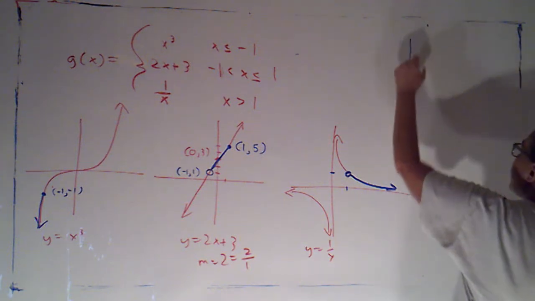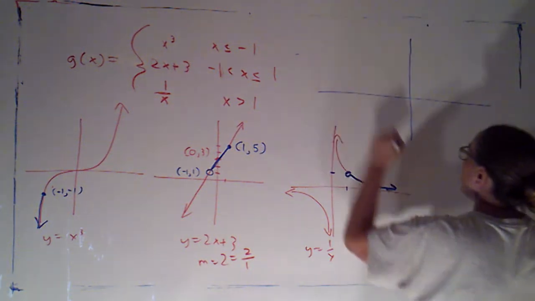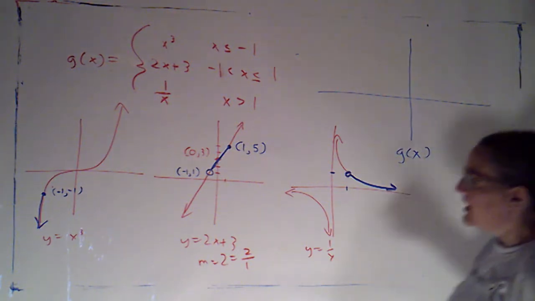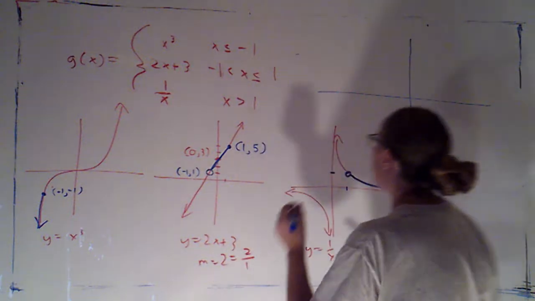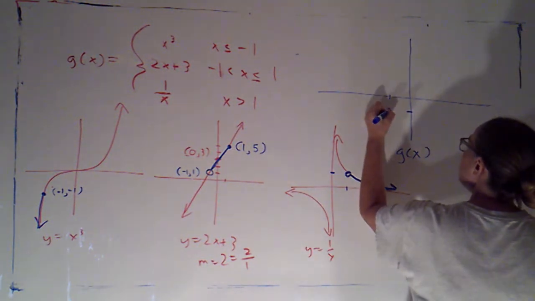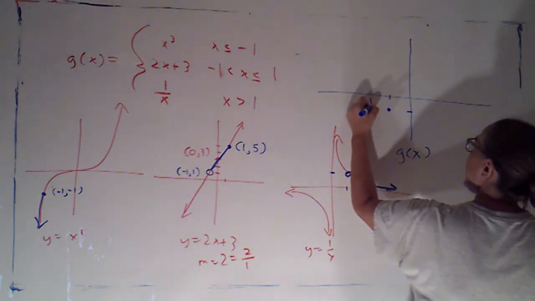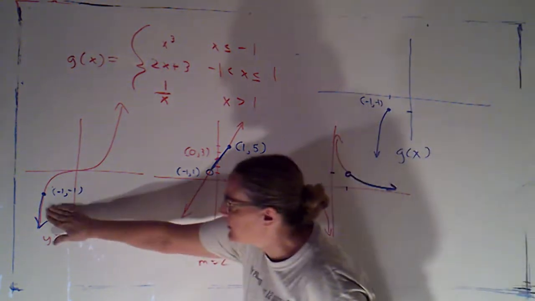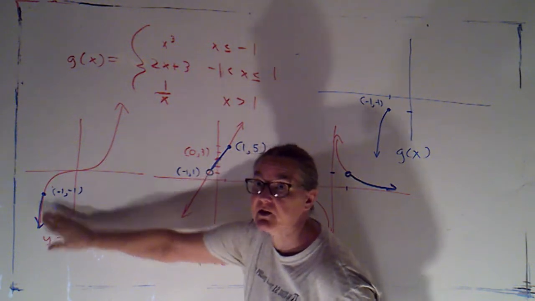Now if I go to sketch g of x, it's going to have 3 parts to it. To the left of -1, we're following that cubing graph up until a point at -1, -1. I'm just copying what I've highlighted in blue here.